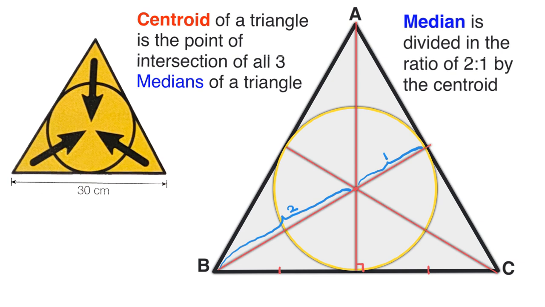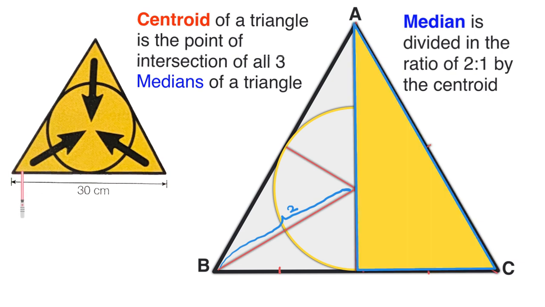So let's look at that triangle. Since each side of our triangle is 30 centimeters, then this side will be 30 centimeters, and the bottom side of the yellow triangle will be half of that, which will be 15 centimeters. And we do not know what the height is, so we're going to be looking at the height.